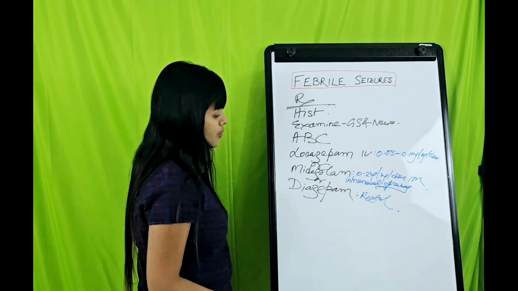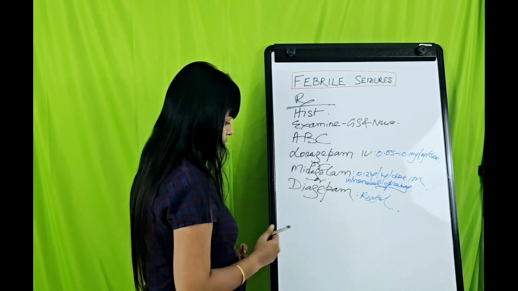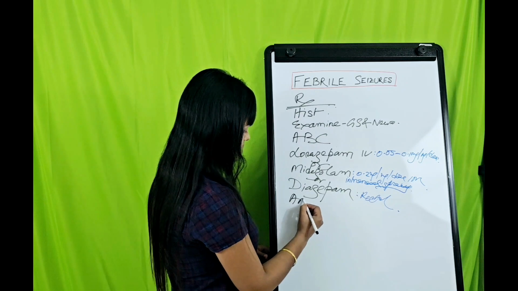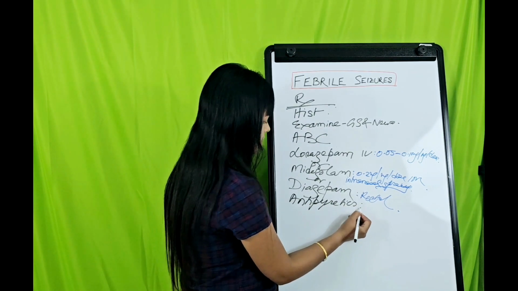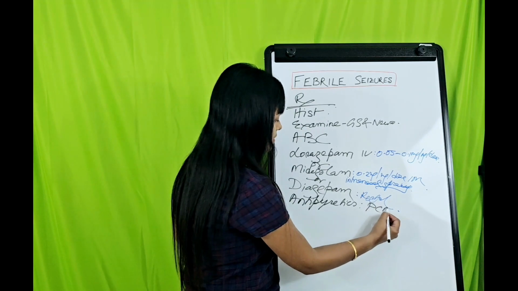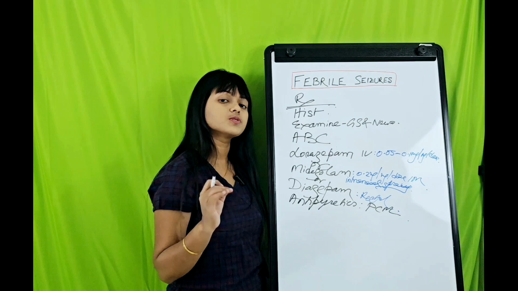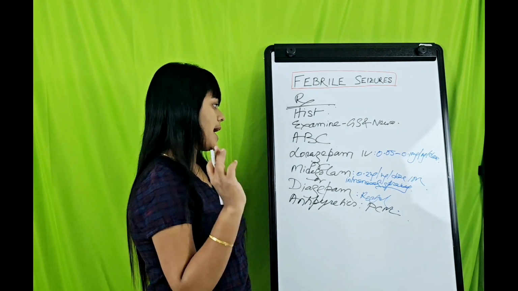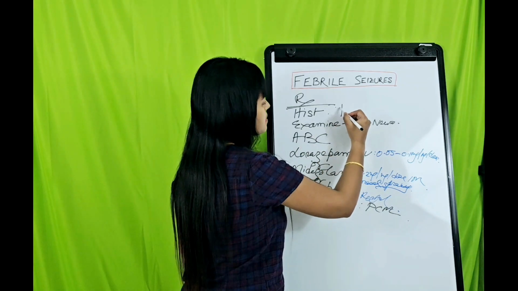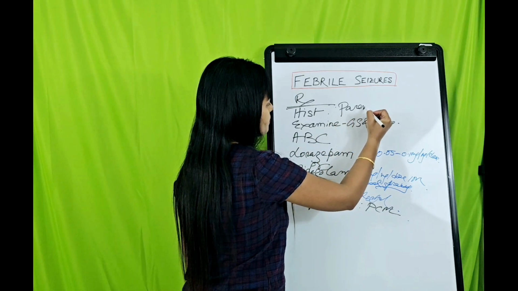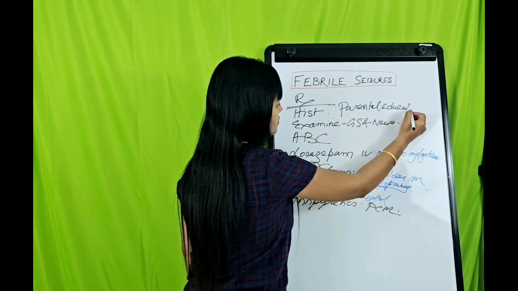Well, so after this, of course, you have to give antipyretics. What is that? All of you know, paracetamol. And of course, you have to do sponging. And a very important thing is parental education.